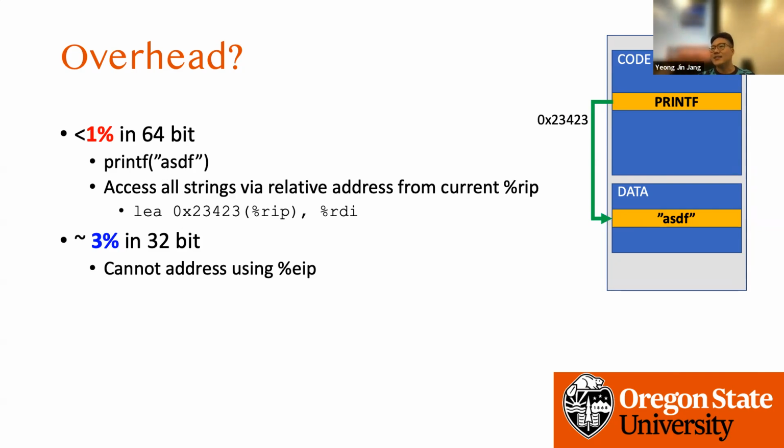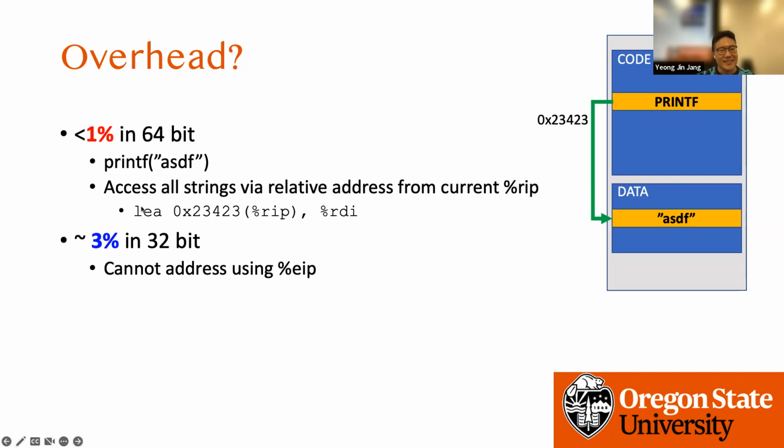So how that is done in 64-bit is, thanks to AMD64, they designed the instruction set very well. What that means is that we can access over RIP, which is the instruction pointer.